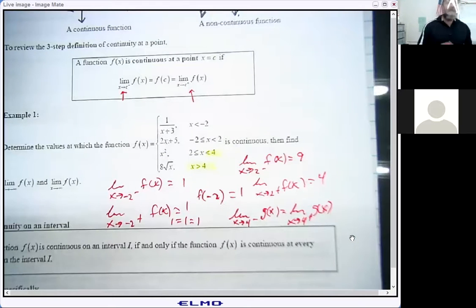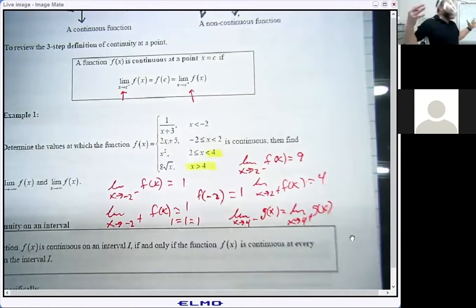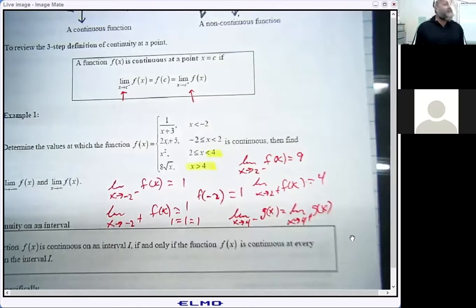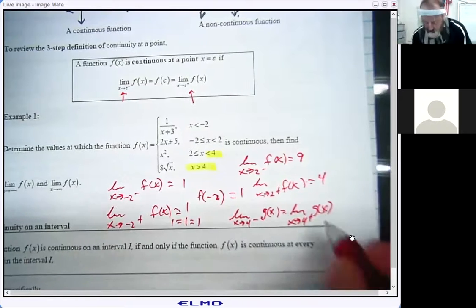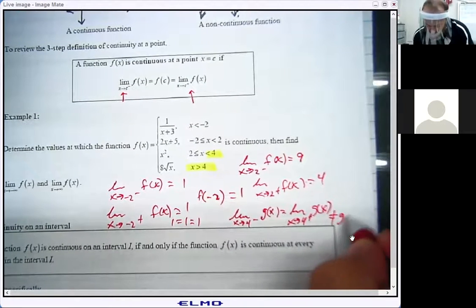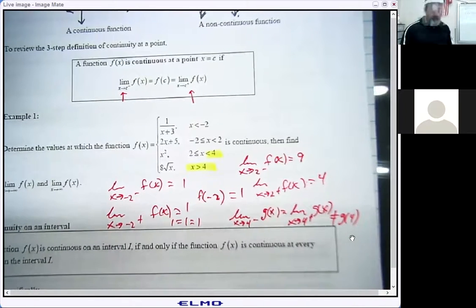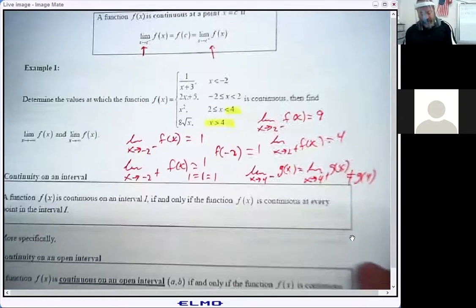Dang it, somebody stole the bridge. Why am I saying somebody stole the bridge? Oh, x equals 4 itself doesn't even exist. So what does that tell you about that spot on the graph from last year? That's a removable discontinuity. The road in and road out work, but this is not the same as g of 4 because it's not even in the domain. So we talk about that a little bit.